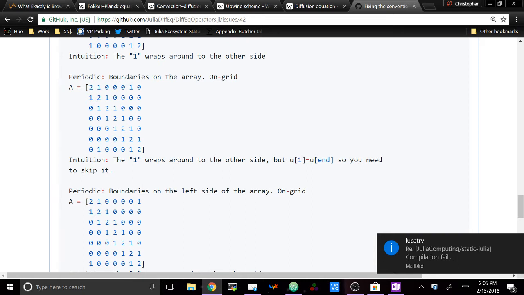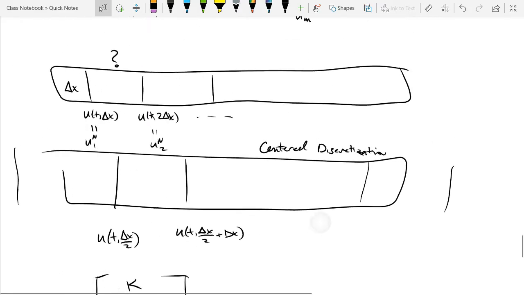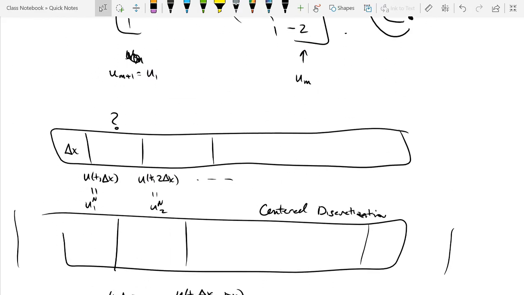So what's nice is that you can write these linear operators in a way such that they're consistent, and they will all be able to be used with the same convention, where we say that we use the non-centered discretization and we put the values of the boundary points as the last points in our array.